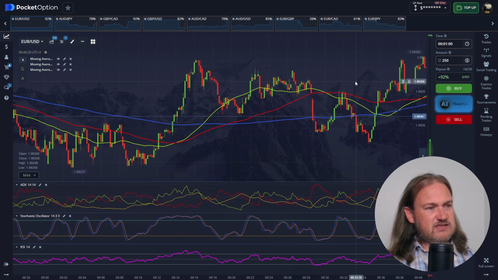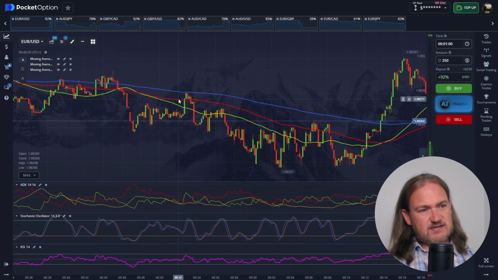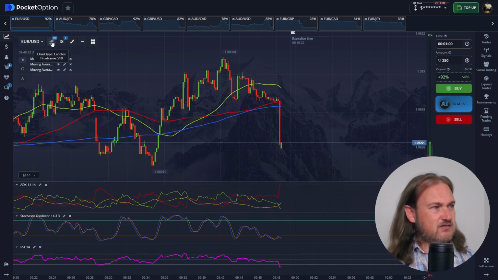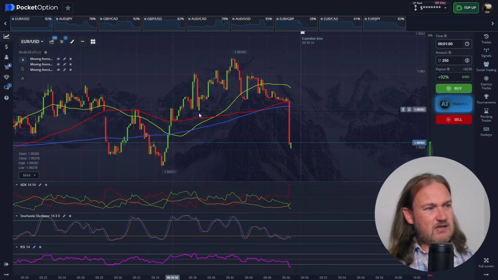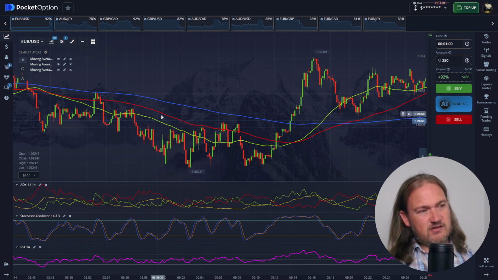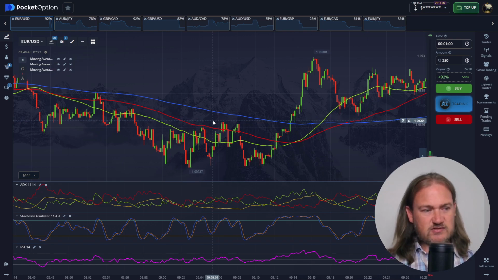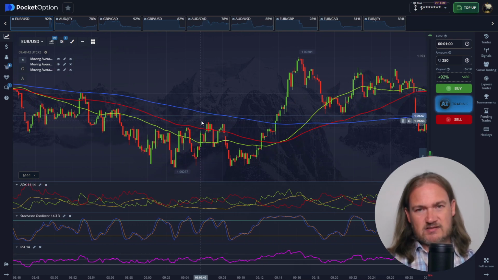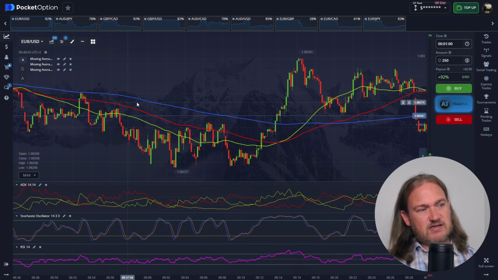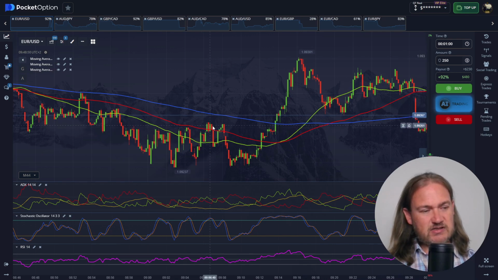So let's see if we can find a good example. This is ideal. Let me just take the auto scroll off. So when they're moving like this is ideal movement for us. That shows me it's a strong trend, or a decent trend at least. It's when the moving averages are split apart like this and moving in one direction.